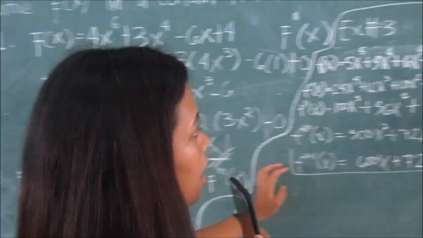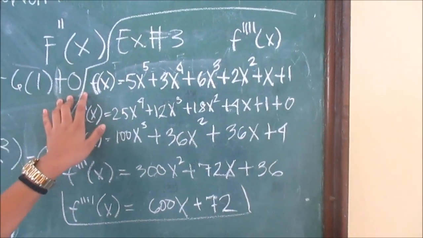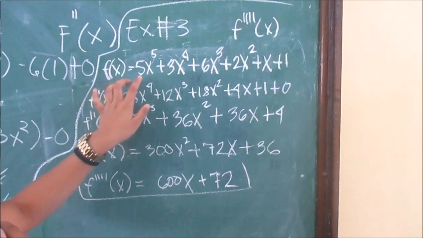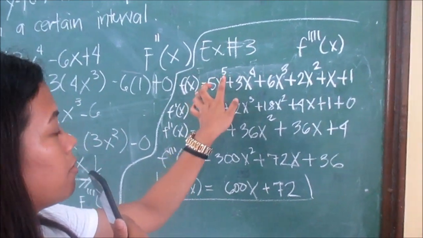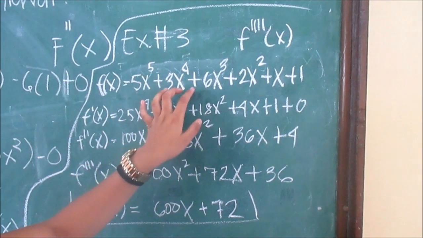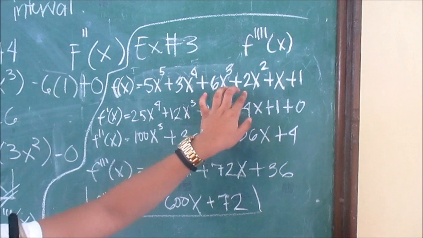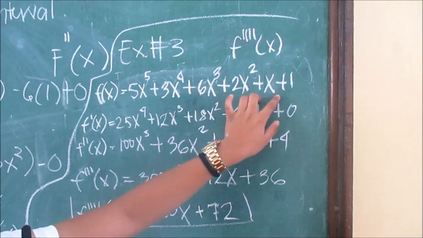Let us proceed to example number 3. So the function is f of x equals to 5x raised to the power of 5 plus 3x raised to the power of 4 plus 6x cubed plus 2x squared plus x plus 1.